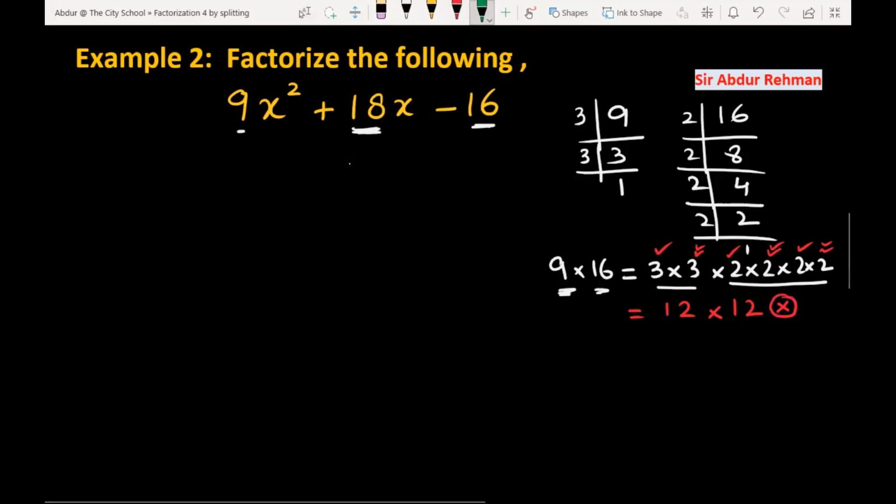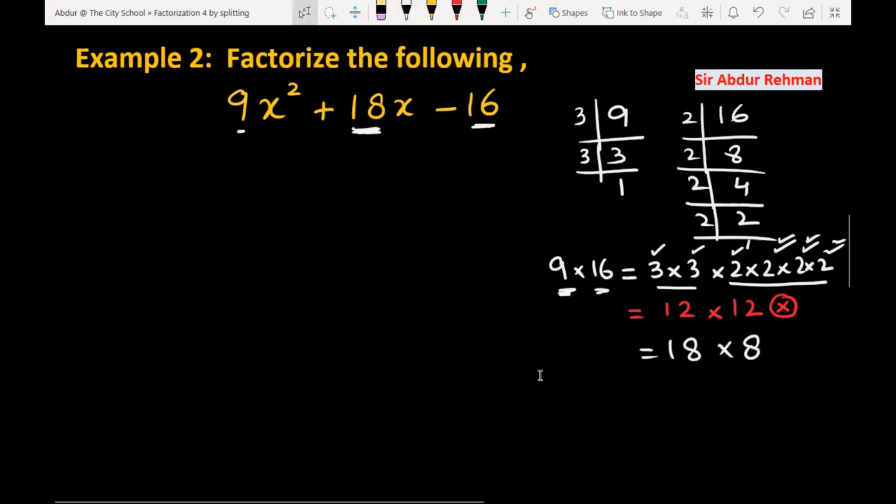Now try to take the other factor. Suppose I'm going to take here 3 times 3 times 3, which is 27, no, 3 times 3 is 9, 9 times 2 is 18, and 2 times 2 times 2, 2 times 4, 4 times 2 is 8.